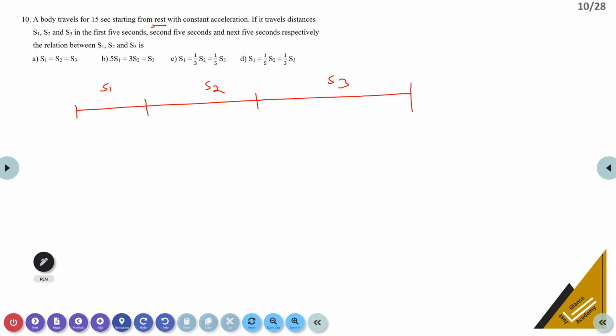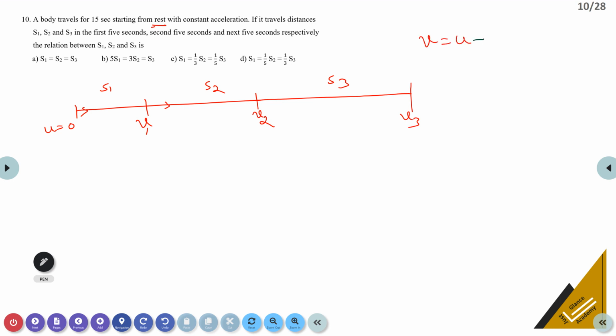Students, you say that S2 is a little greater than S1, and S3 is a little greater than S2. Because the particle starts with initial velocity 0, by this time velocity is gained: V1, again V2, again V3.